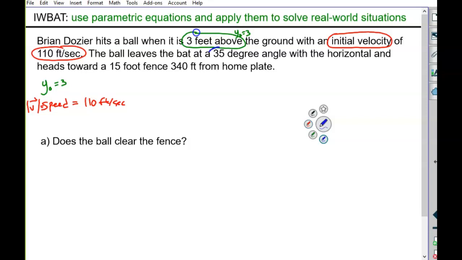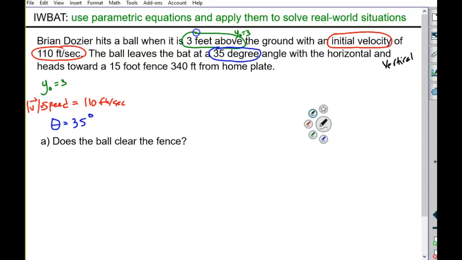The ball leaves the bat at a 35-degree angle. It's important to note that we're talking about degrees here as well, not radians, because that would mean we'd have to change our calculator, but degrees. And then it says the horizontal and vertical motion head towards a 15-foot fence that is 340 feet from home.